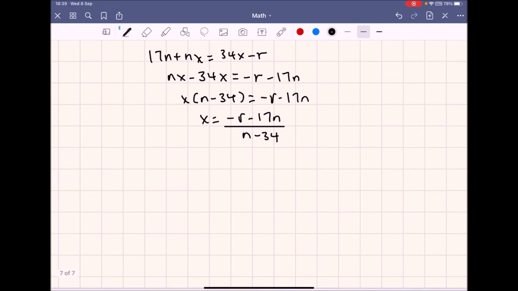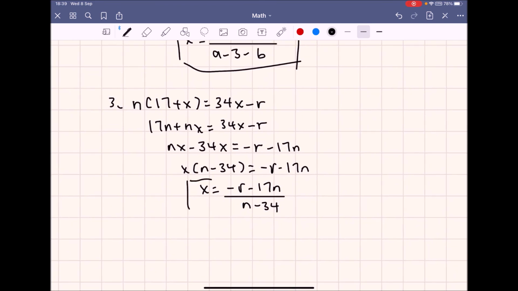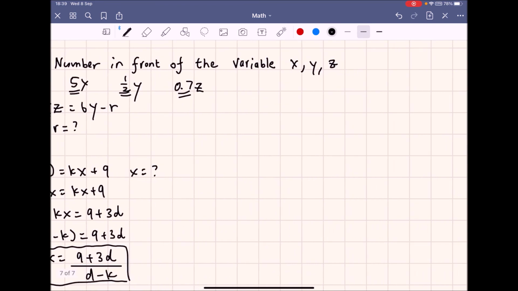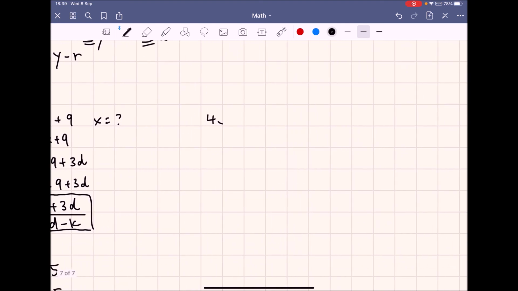Okay, and here, solve for y, and notice the y terms can actually be combined.